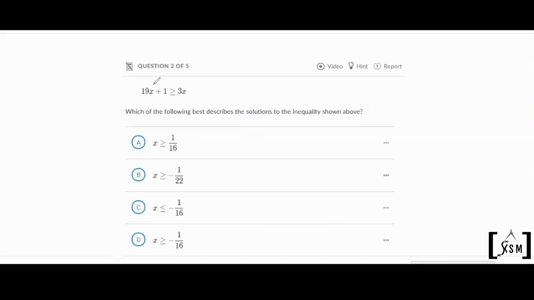Solving this, question number 2. We have to solve for x. Bring 3x this side and take 1 this side. So we get 19x minus 3x is greater than equal to negative 1. 19x minus 3x is 16x is greater than equal to negative 1.